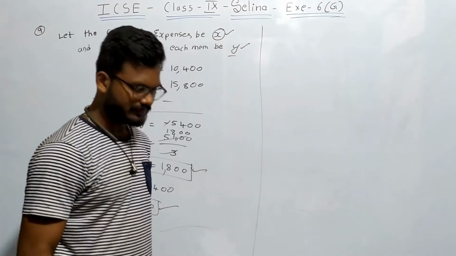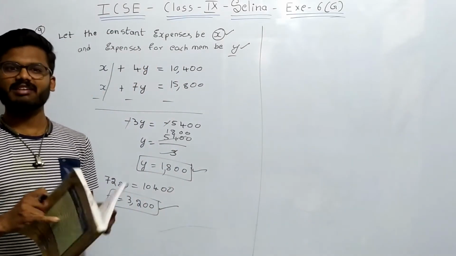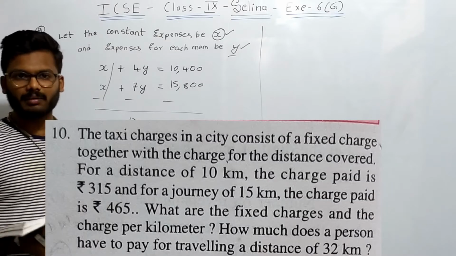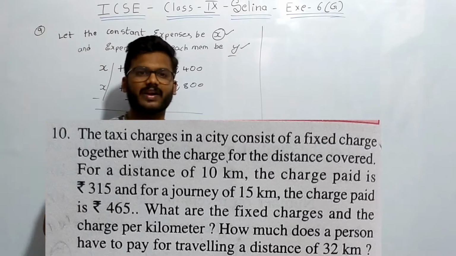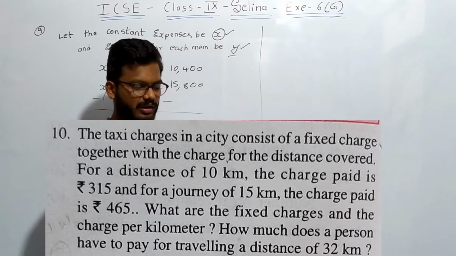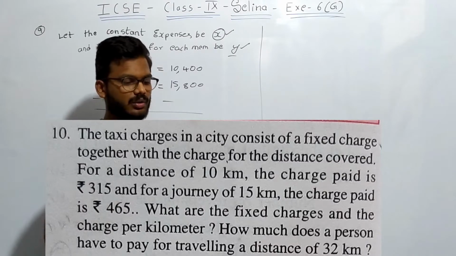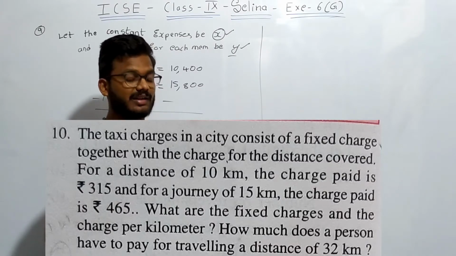Okay, next, in the same way, the 10th question, the same problem but a different application. The taxi charges in a city consist of a fixed charge together with the charge for the distance covered.